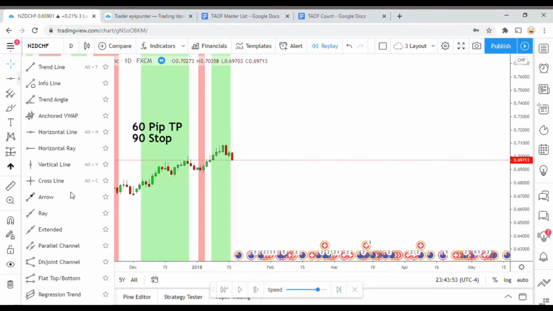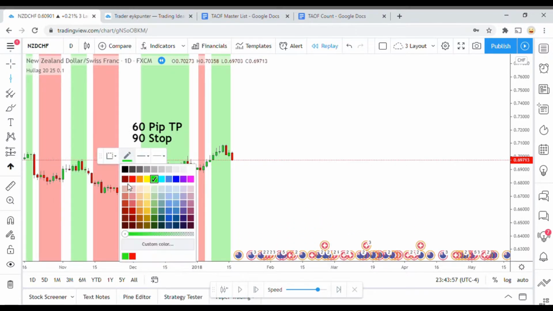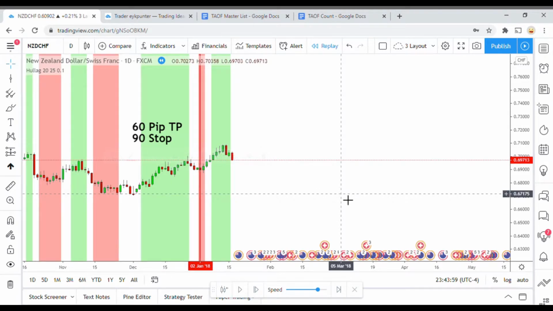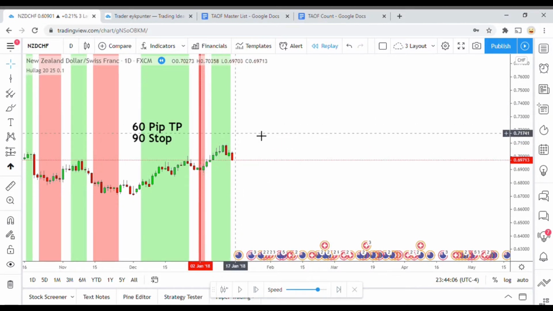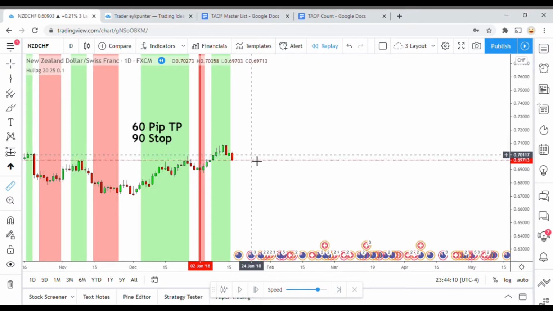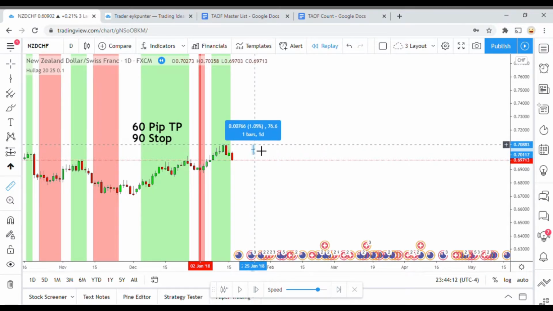So we picked up our first signal right there. That was a sell signal. And obviously it didn't do very good. It pretty much immediately took off without us there and ended up stopping us out.